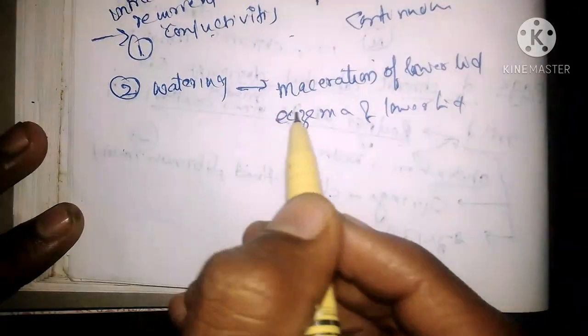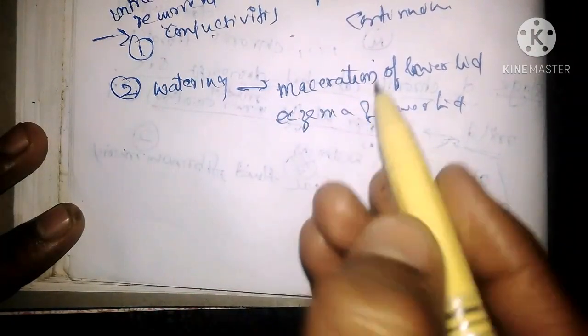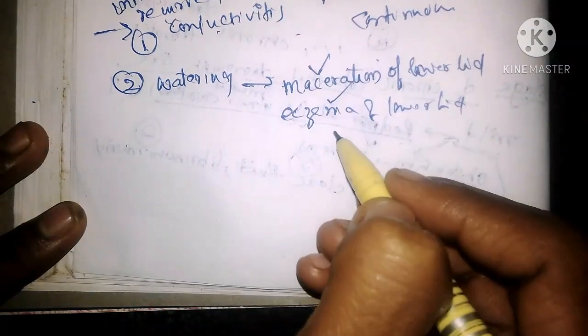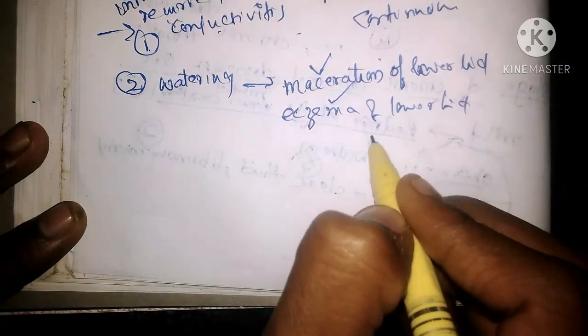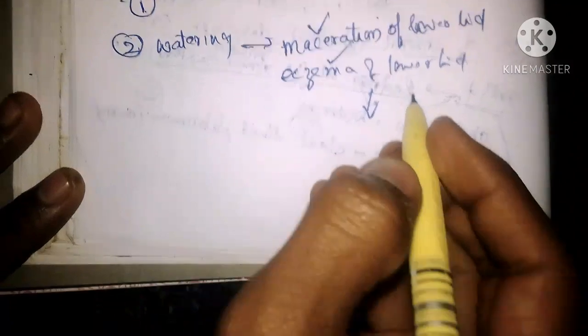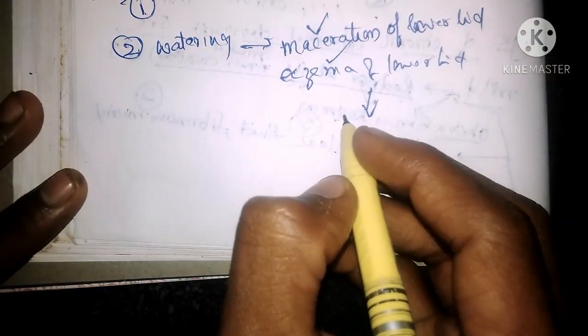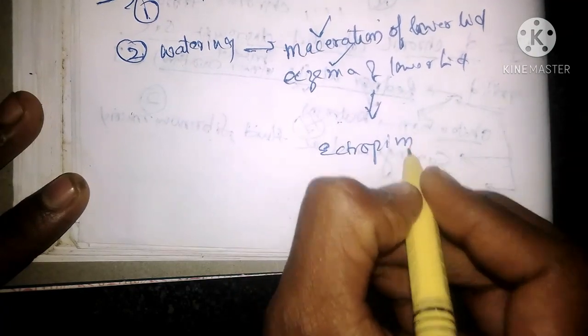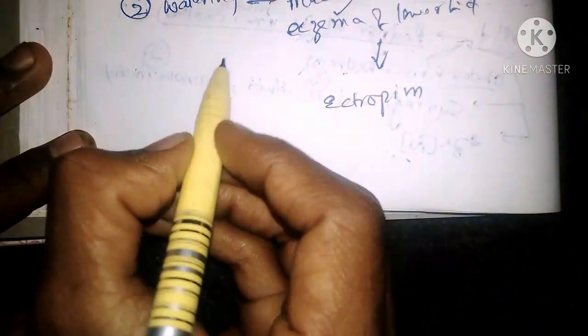So as there is continuous epiphora, it results in maceration and eczema of the lower lid. This ultimately results in ectropion. As all of us know, what is ectropion?